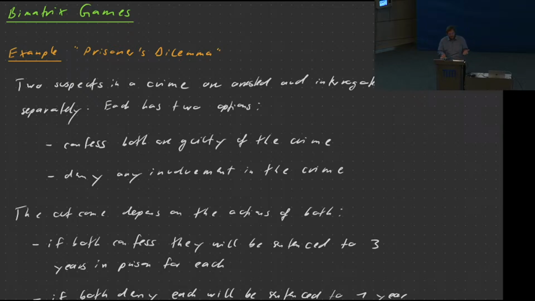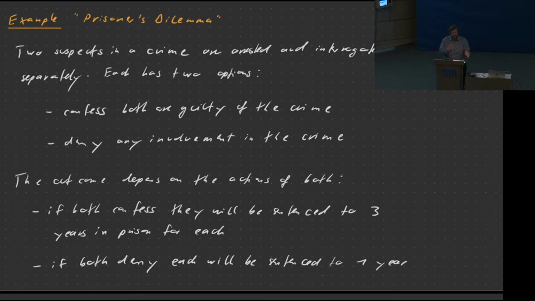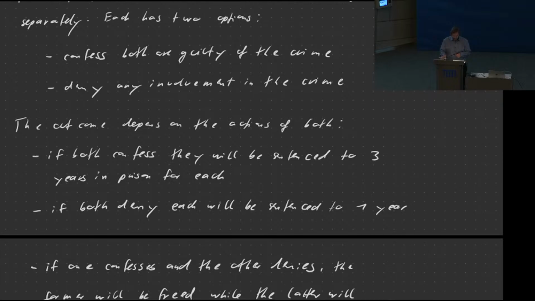The outcome of that whole thing depends on what both individuals choose to do. Basically, there is three possible options. Both could confess. In that case, they would get a lighter sentence, and they would both be sentenced to 3 years in prison.